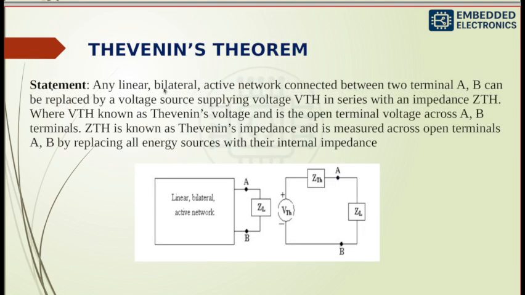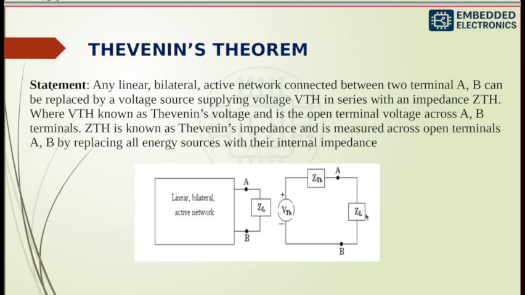Next is Thevenin's theorem. Thevenin's theorem means any linear, bilateral, active network that is connected between A and B can be replaced by a supply voltage VTH in series with an impedance ZTH.